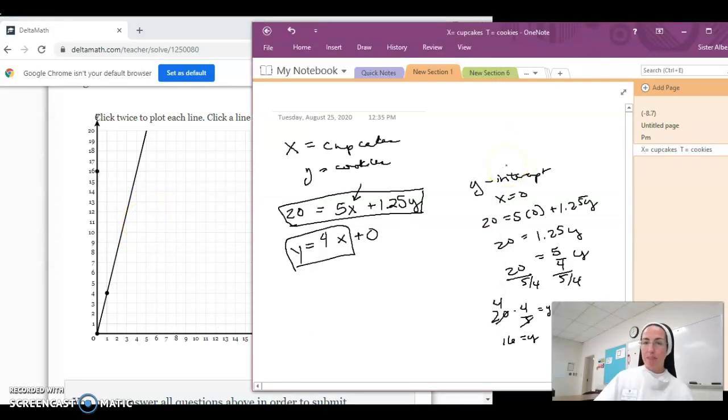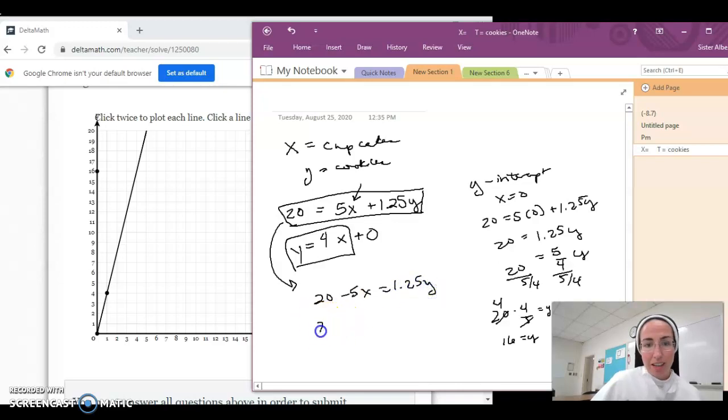So what's my slope? Well, I guess I do have to put it in slope-intercept form, huh? So I could solve for y by subtracting 5x. Again, I'm going to change this into a fraction because it'll help me divide.